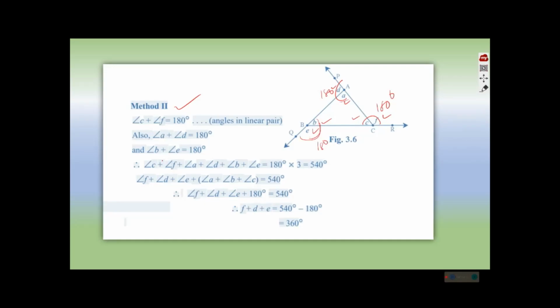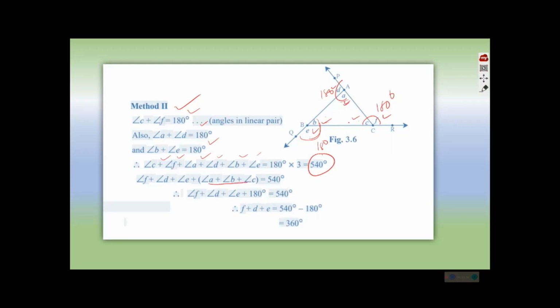That means if you total all these, C plus F, A plus D, B plus E, all these are equal to 180, means here 180, here 180, here 180, means total 540. Now, from that 540, if you think about angle A plus B plus C, कितना होने मांगता है? 180.